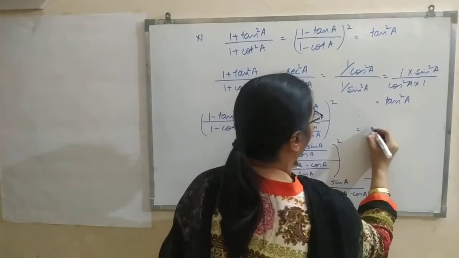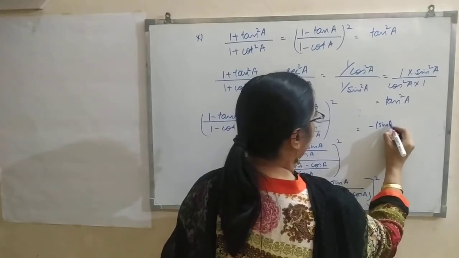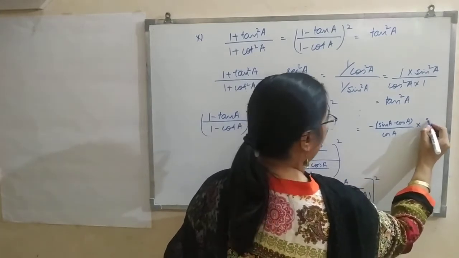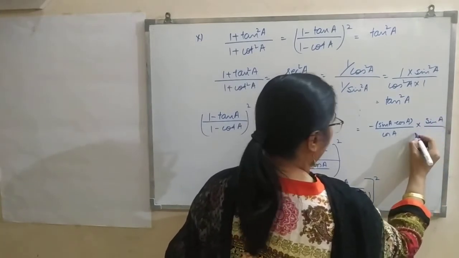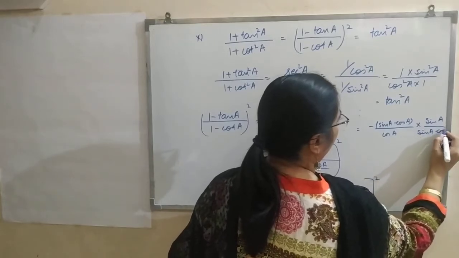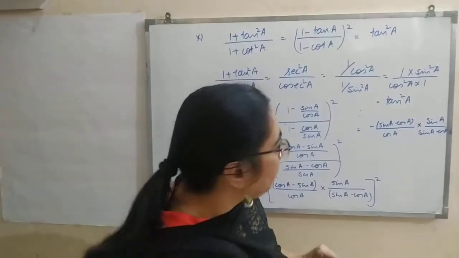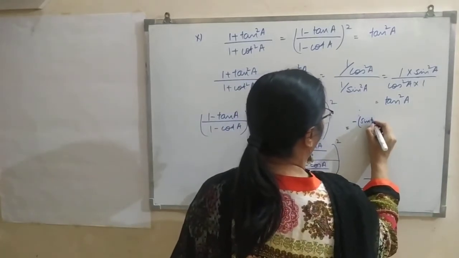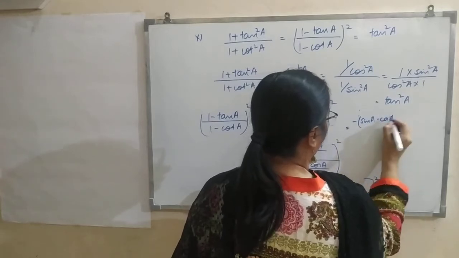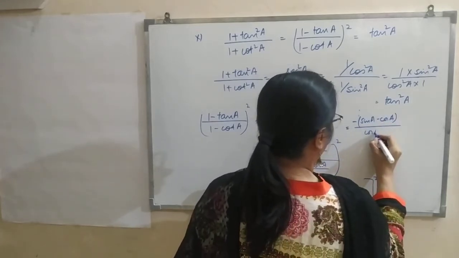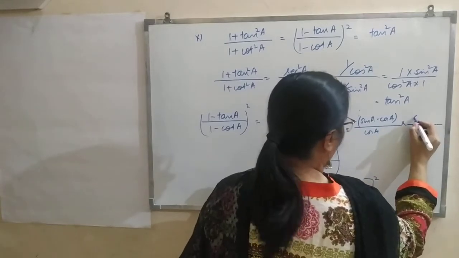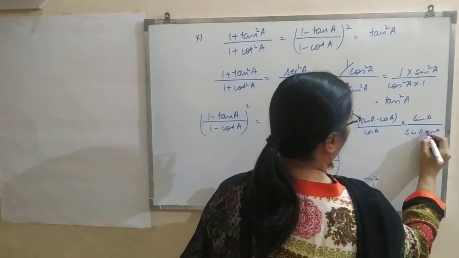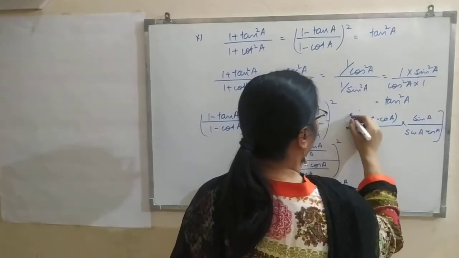So I write it as minus, taking the sign common, (sin A minus cos A) upon cos A into sin A upon (sin A minus cos A), with the whole square of the bracket.